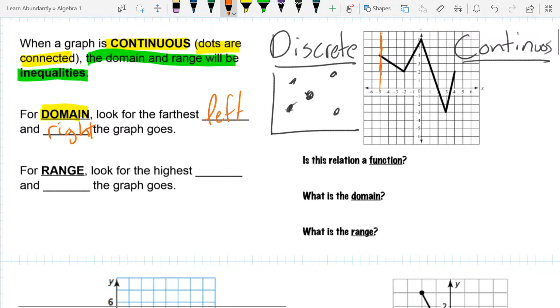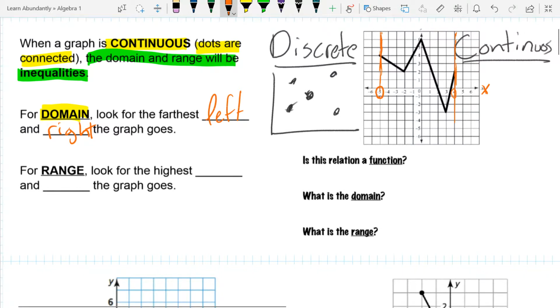And if I look at the x-axis, I can tell that the lowest x is -5. When I look at the right side of this function, the farthest right is actually at +4. So my domain of this function is going to be between -5 and +4.